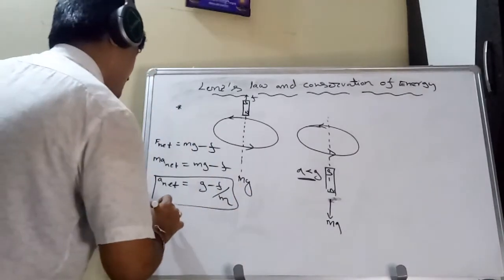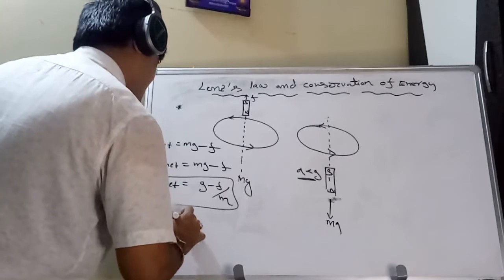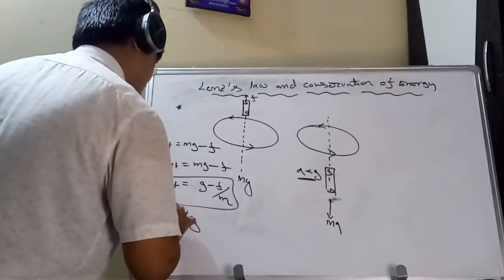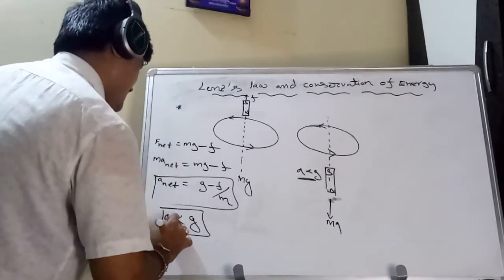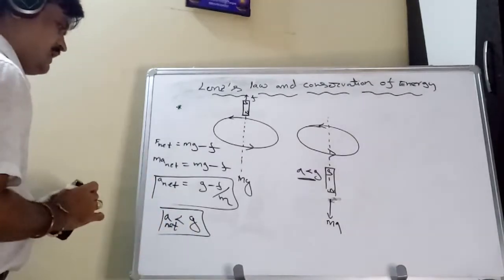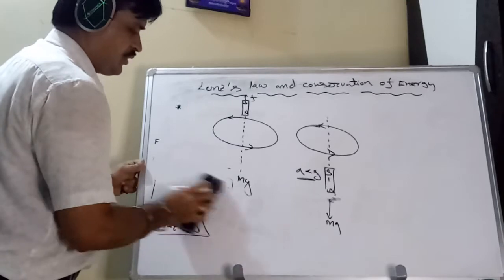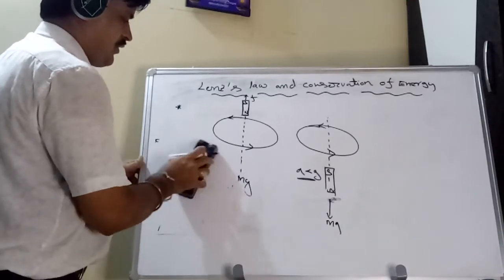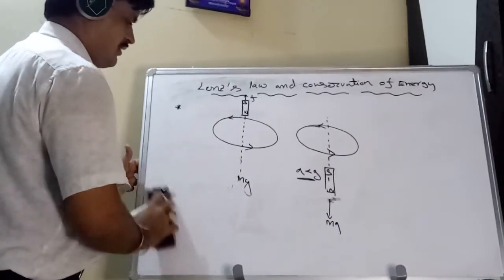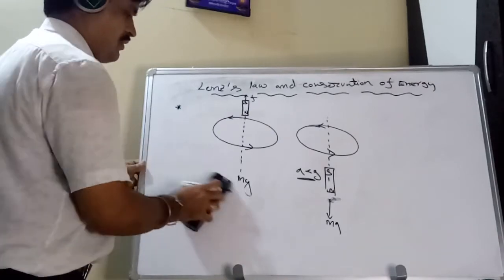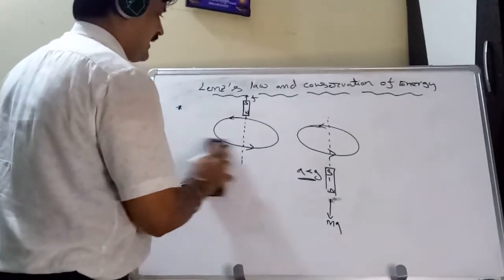Here a net is less than g in both conditions, because a force is acting on the magnet due to the coil.